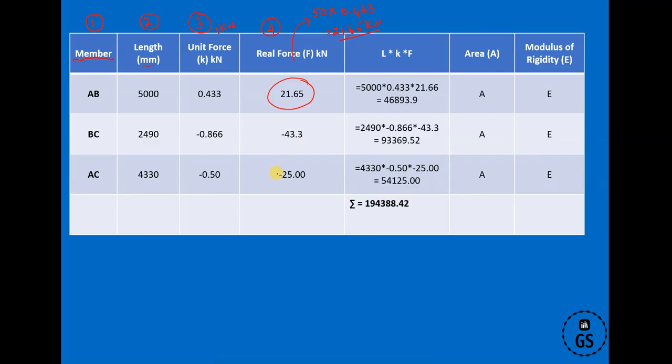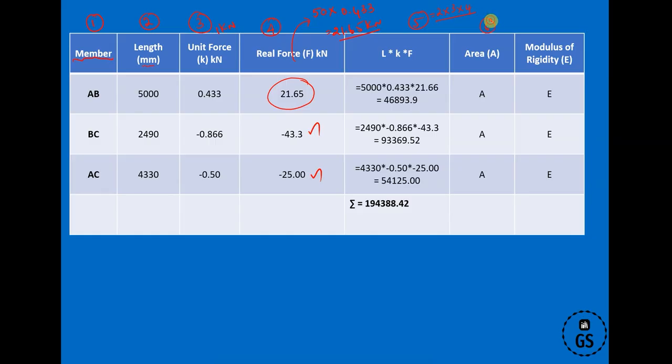I hope this is clear now. In the same way we can find out 43.3 and minus 25.00. Once you are done with this, the fifth column is just a multiplication of column 2 into 3 into 4. So do the multiplication of columns 2, 3, 4.